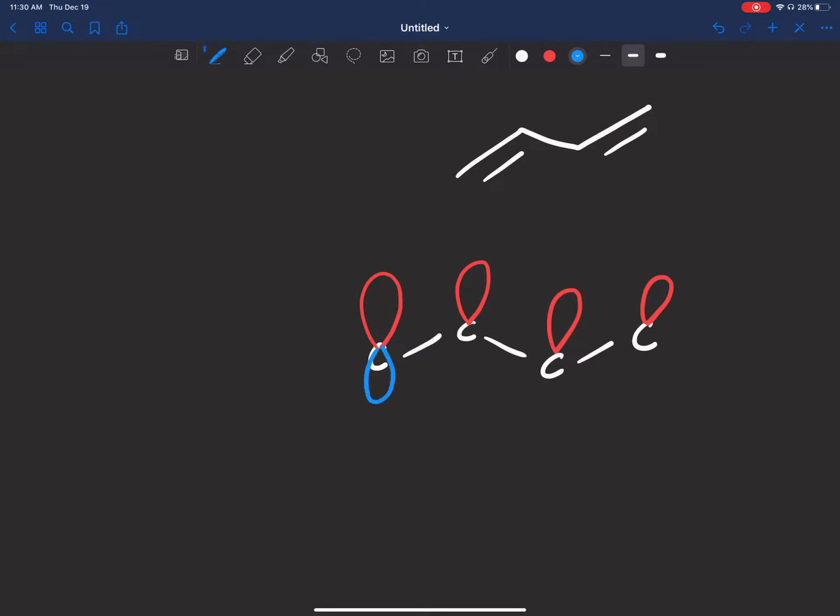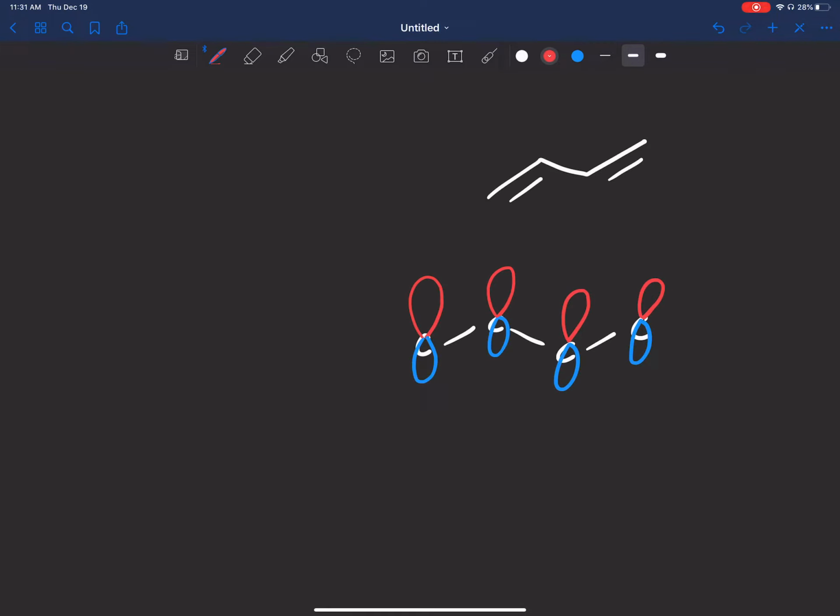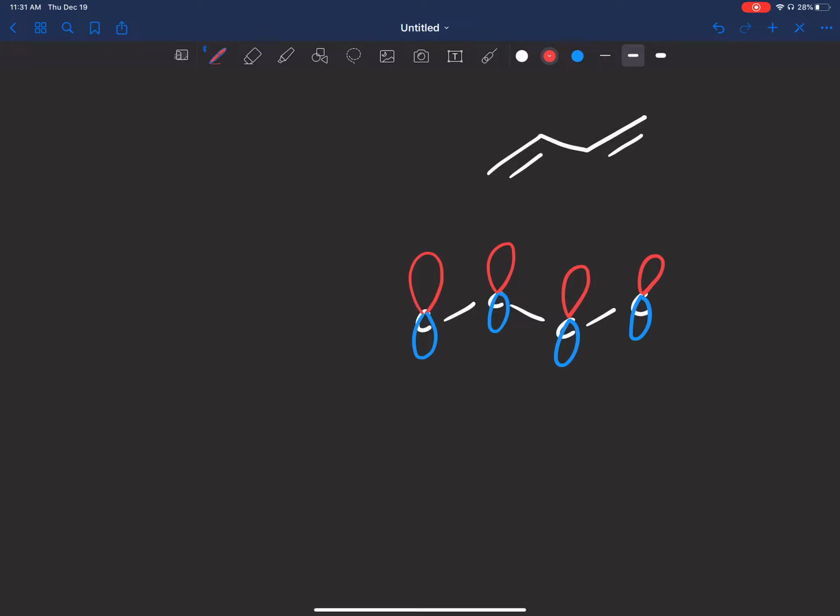And then here's the other half of them. These p orbitals, these little dumbbell-shaped balloon animal things, are what form our double bonds.